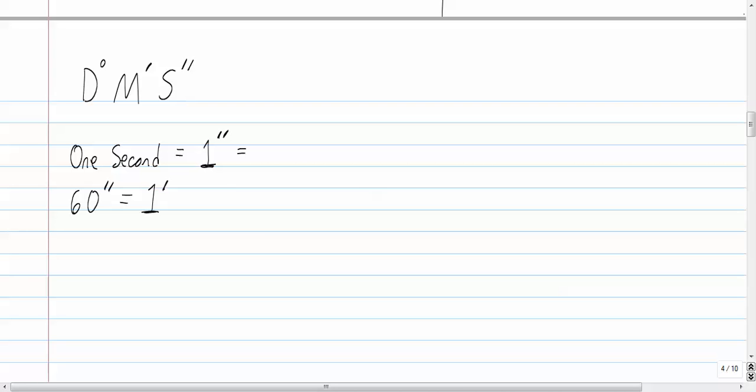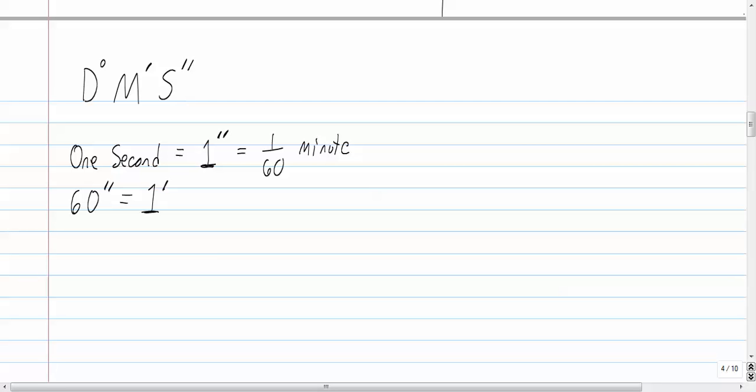So if we know that, then 1 second would be equal to how many minutes? It'd have to be a fraction, wouldn't it? It'd be 1/60th of a minute. We're going to have to use these conversions whenever we're converting over from degrees, minutes, seconds to a decimal in degrees, or decimal in degrees to degrees, minutes, seconds.